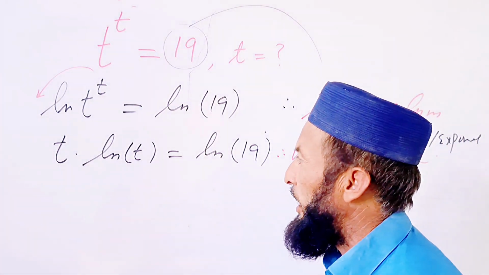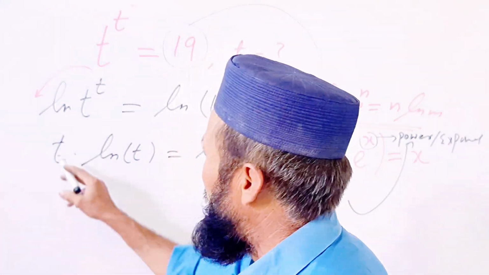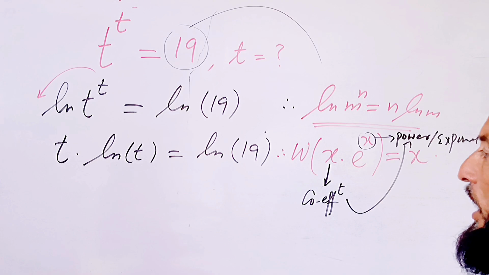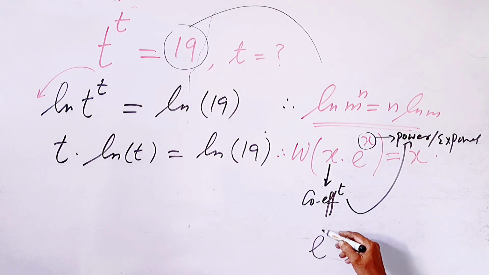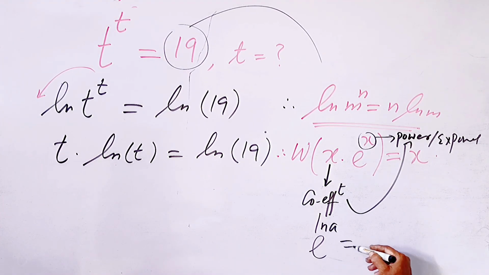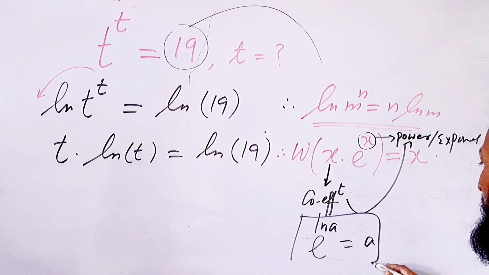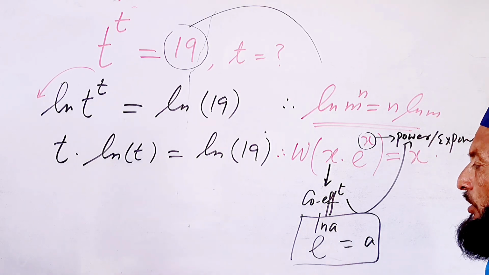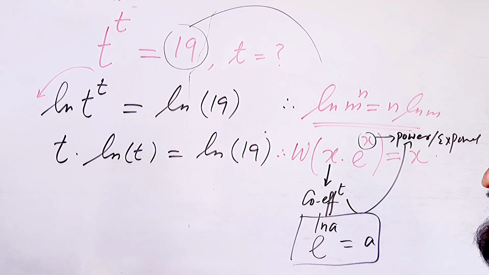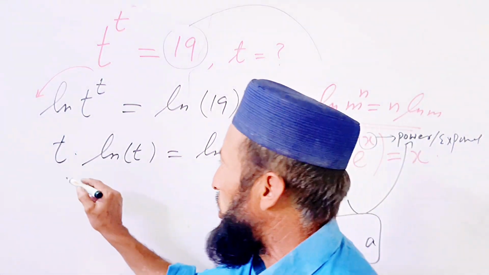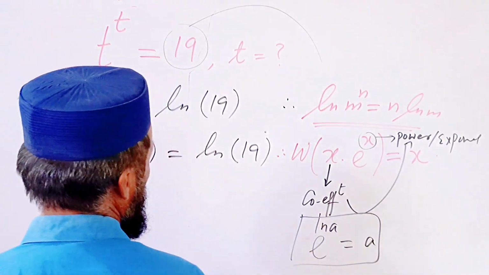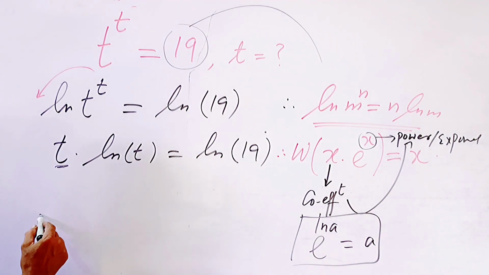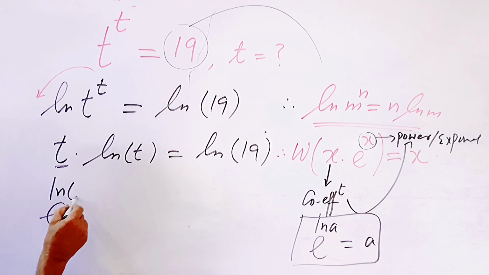Now we need another property. We can write e to the power log of a is equal to a. This is a property of the natural logarithm with base e, because e and log cancel, and we get a. So t can be written as e to the power log of t, which is equal to t.